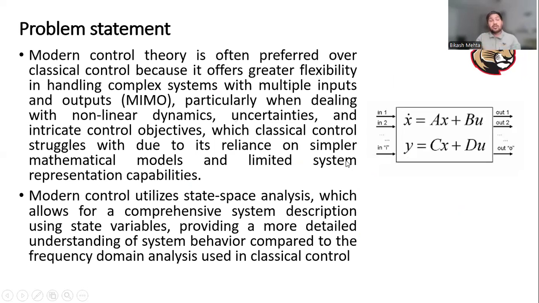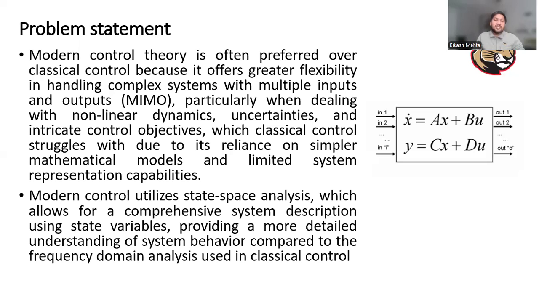So why do we require modern control? As I mentioned earlier, classic control can only deal with single input, single output systems, but modern control can deal with multiple input, multiple output systems. On top of that, it can also deal with non-linear dynamics, uncertainties, and complex control objectives, which obviously classic control can't do.